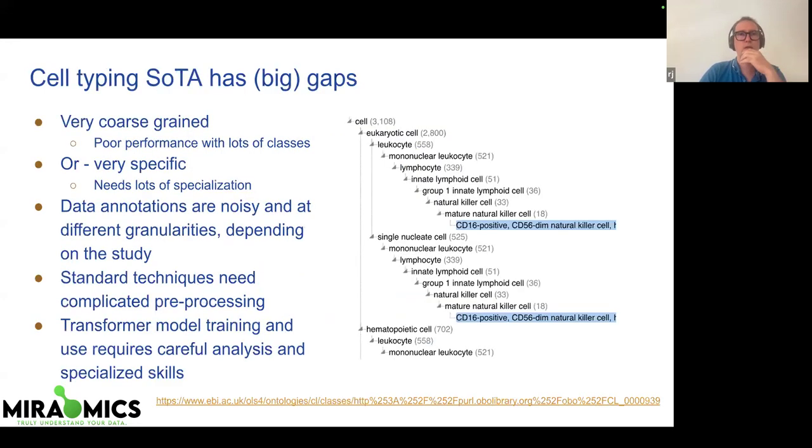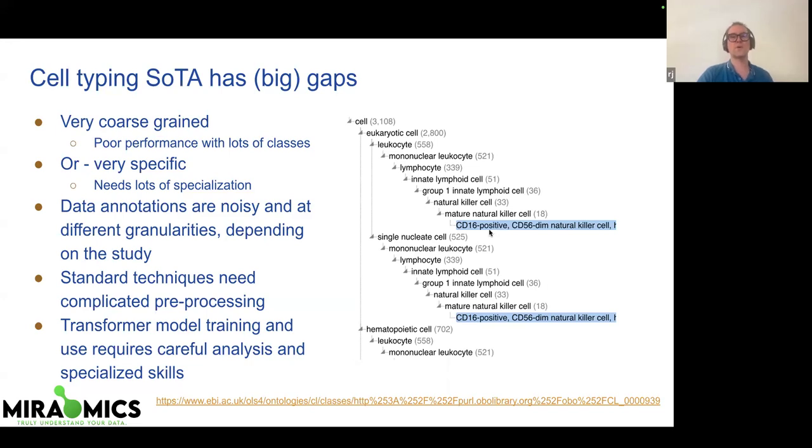Like I said, the state of the art is either pretty coarse grain or really specific to specific types of cells. On the right hand side is a hierarchy, an ontology. There's a database out there, and the datasets that we use are normalized to this. The problem is, if your data is labeled as lymphocytes or innate, and then you predict CD16 positive, is that an incorrect prediction, or how correct is it?